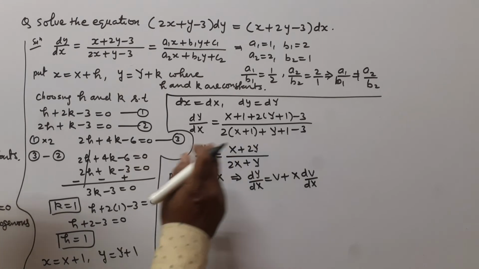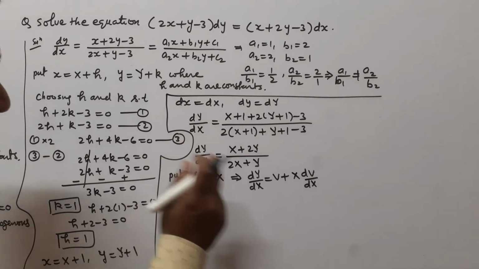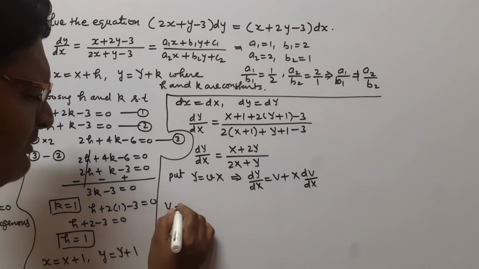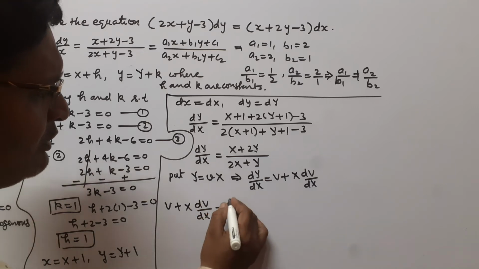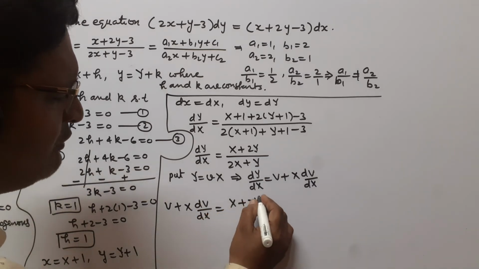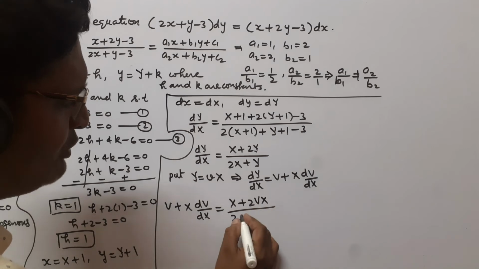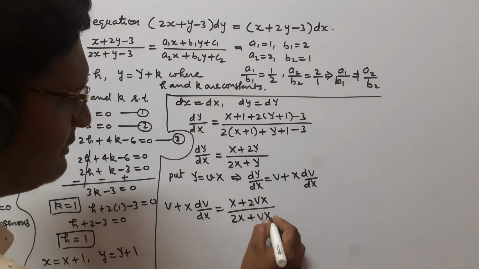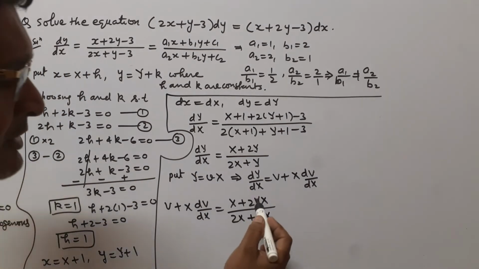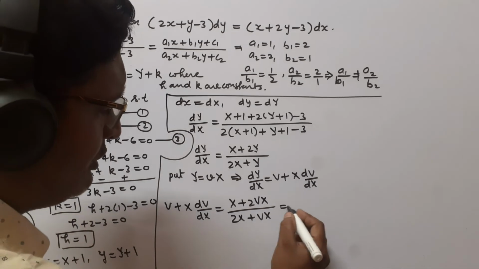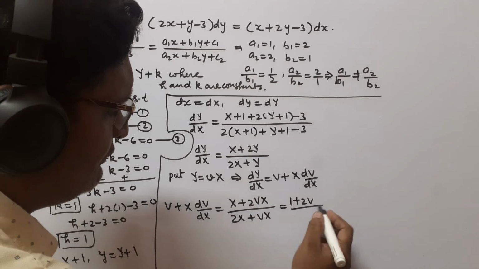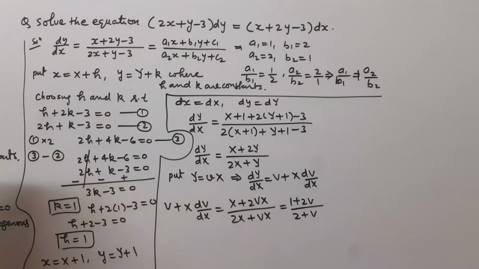So in the above equation, in place of d capital Y upon d capital X, we put v plus x dv upon dx is equal to X plus 2Y, that is vX, divided by 2X plus vX. Now from the numerator and denominator we can see this x is common and cancels out, so it becomes 1 plus 2v upon 2 plus v.